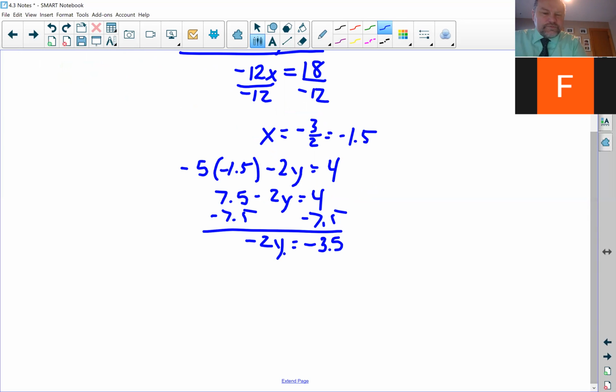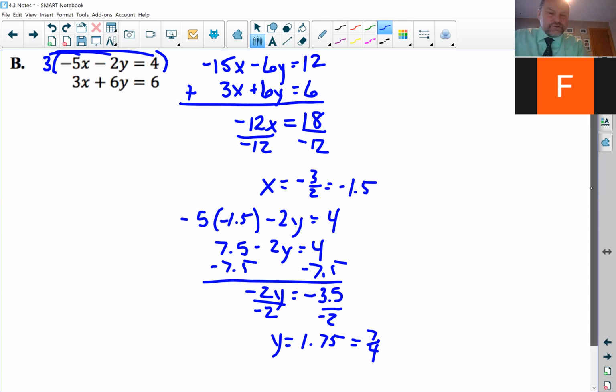And divide by negative 2. 1.75, excuse me. If you wanted that as a fraction, it would be positive 7/4.